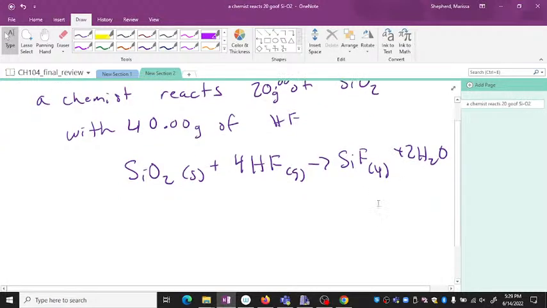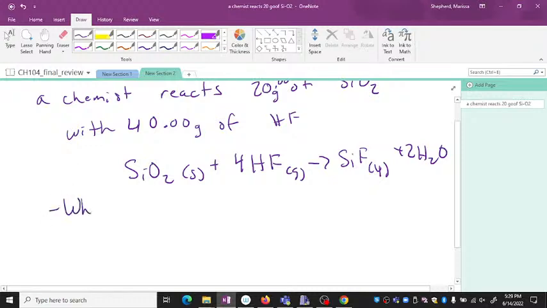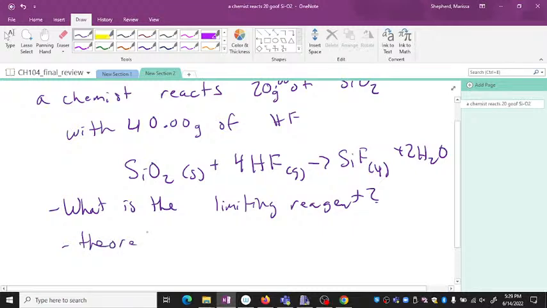And so the question is, what is the limiting reagent? And then what is also the theoretical yield? So I'll give everyone a few minutes to get started.